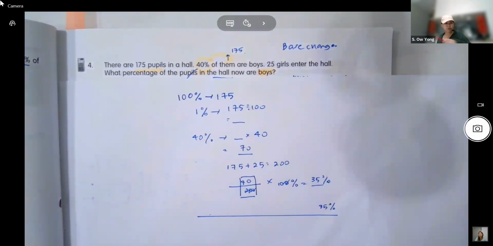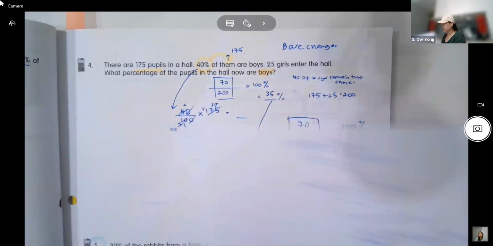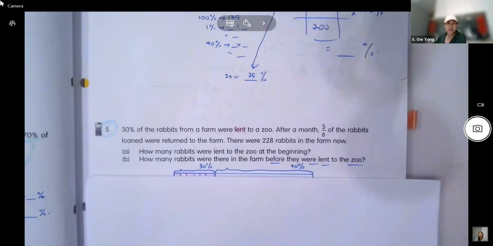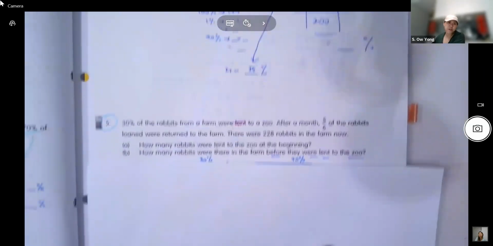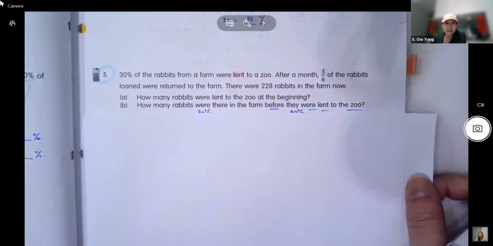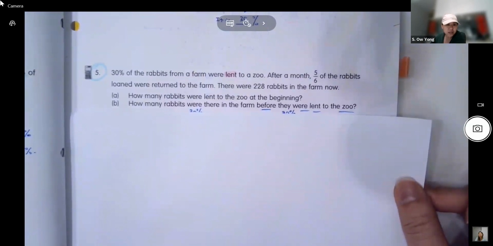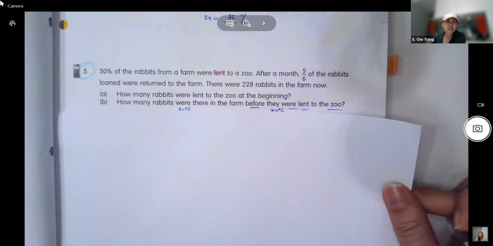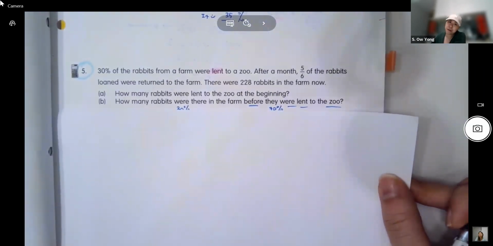Then we move on to question 5, the rabbit question. 30% of the rabbits from a farm were lent to a zoo. After a month, 5/6 of the rabbits loaned were returned to the farm.